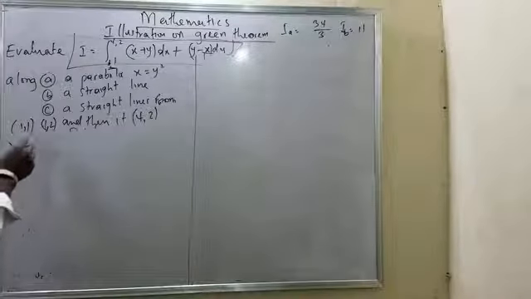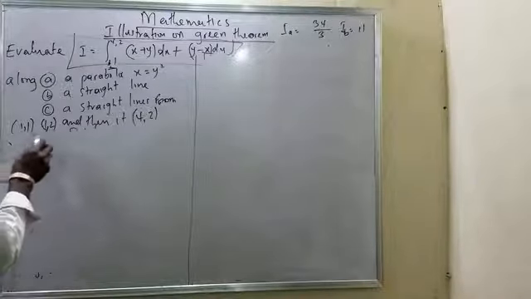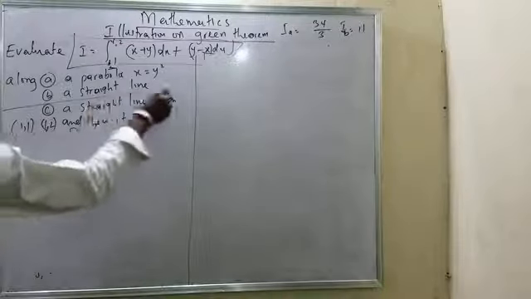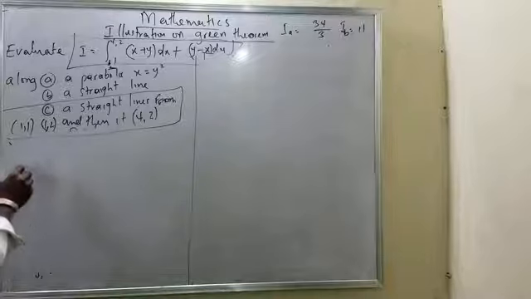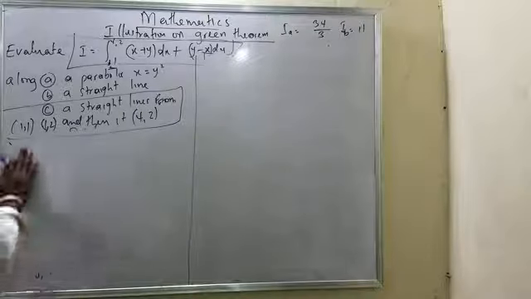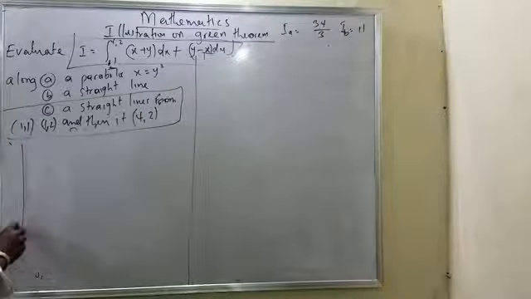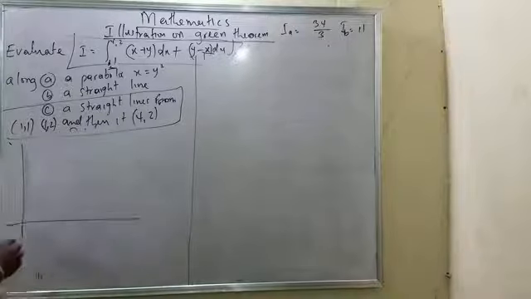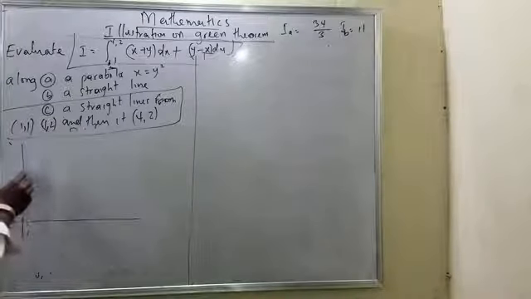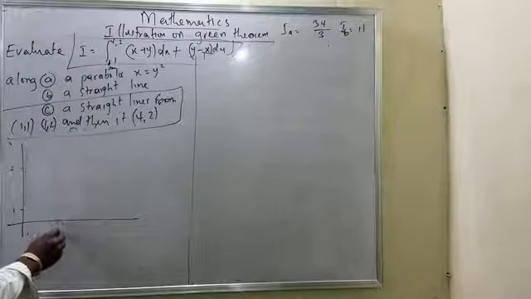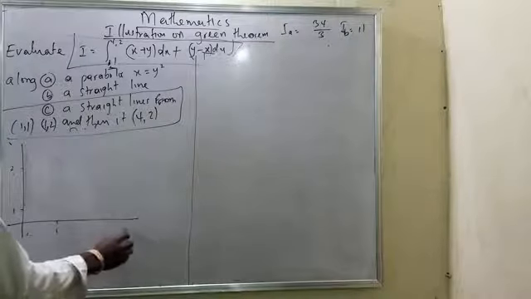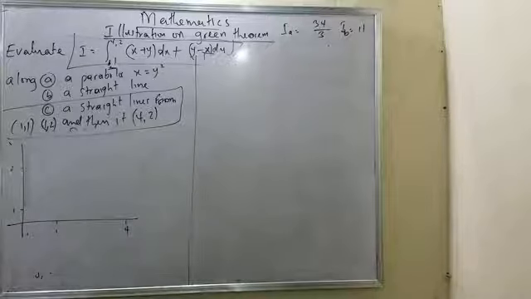I'm working on this question now. It means my Cartesian plane will be like this. Now, this one will be 1, this one will be 2. Now, this one will be 1, this one will be 4. Yes, that is what you're having.